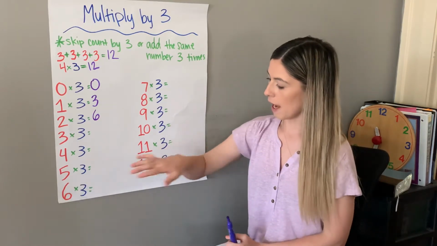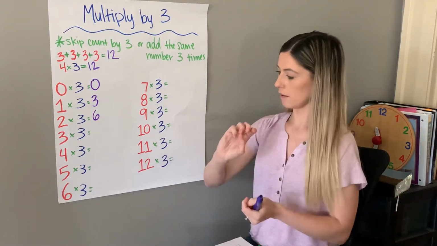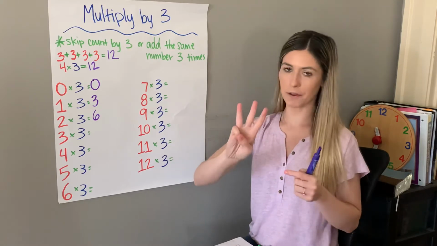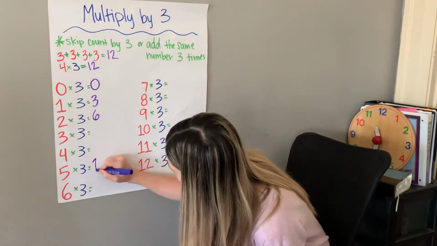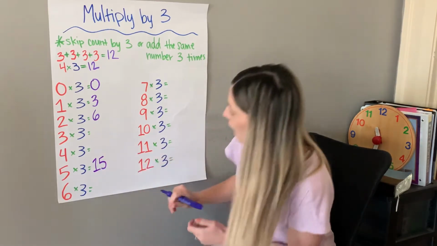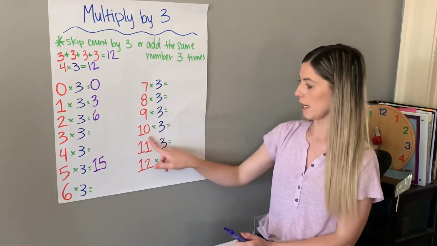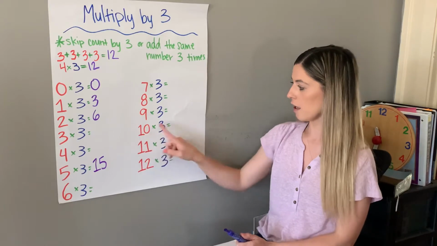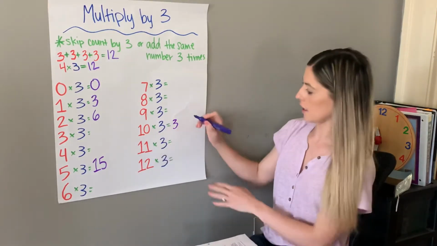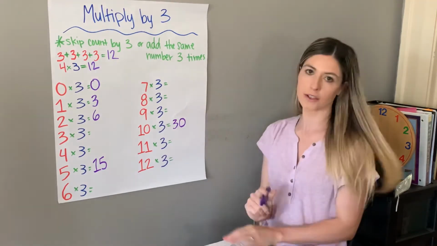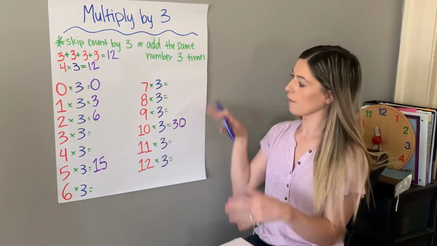So count by 5s on 3 fingers: 5, 10, 15 is my answer. And then I've also done it for 10. Anything times 10, we write that number, 3, and we add a 0 on the end. My answer is 30. So now I can go back and fill in all the other ones.